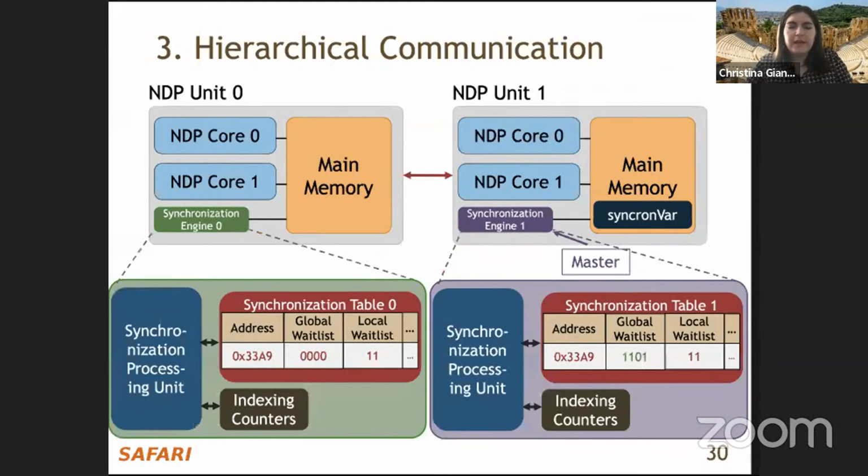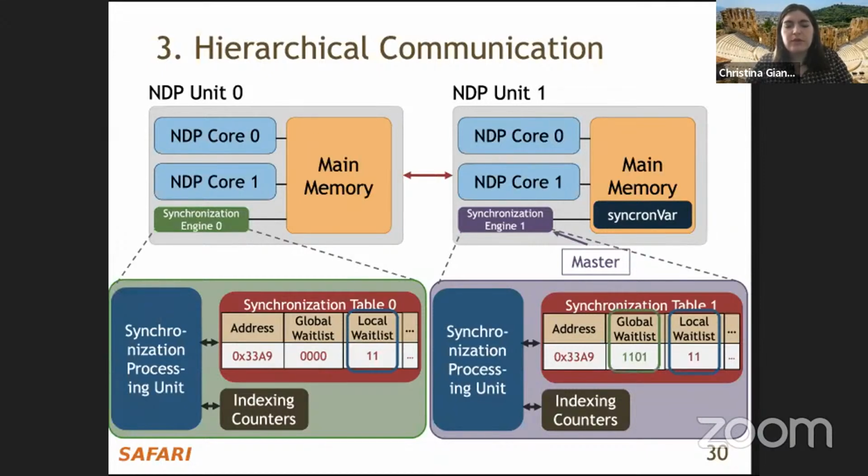The hierarchical communication is implemented via the corresponding hardware support inside the synchronization table. We include a local waiting list, which is a bit queue that includes 1 bit for each local PIM core within an NDP unit, and based on whether the corresponding bit is set or reset, we keep track of whether the particular NDP core has requested a particular synchronization variable.